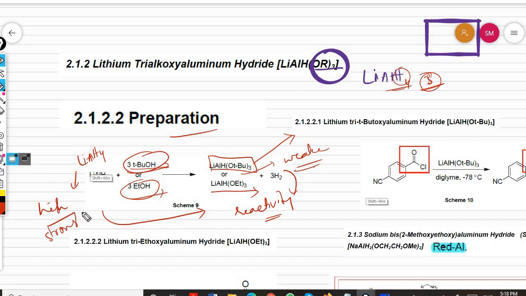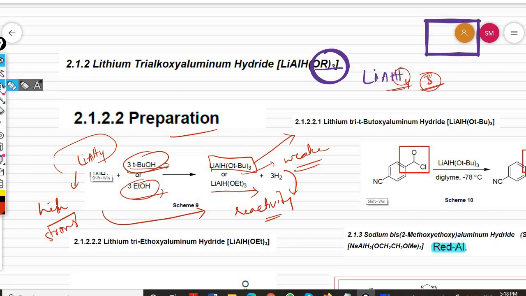Lithium aluminum hydride is able to reduce carbonyl compounds, acids, esters, amides, nitriles, azides, everything into the reduced form. If it is nitrogen functionality, it converts into the amine. If it is oxygen functionality, it converts into the alcohol.